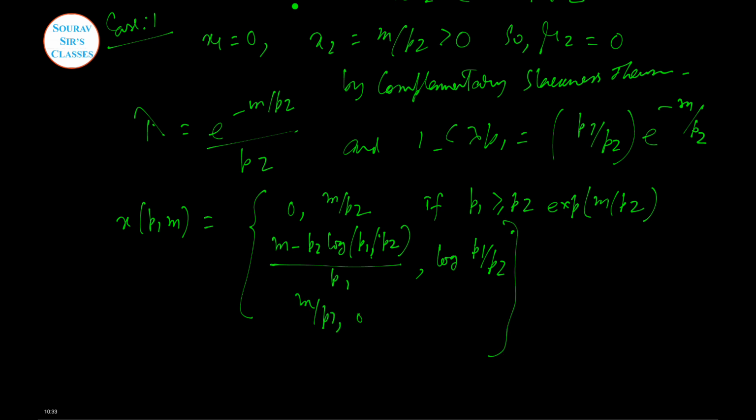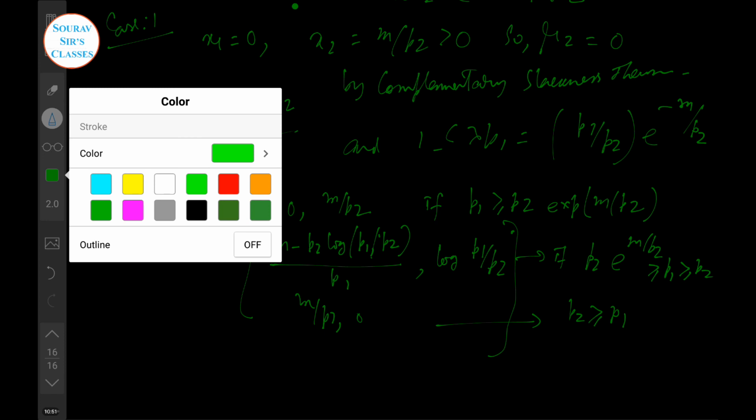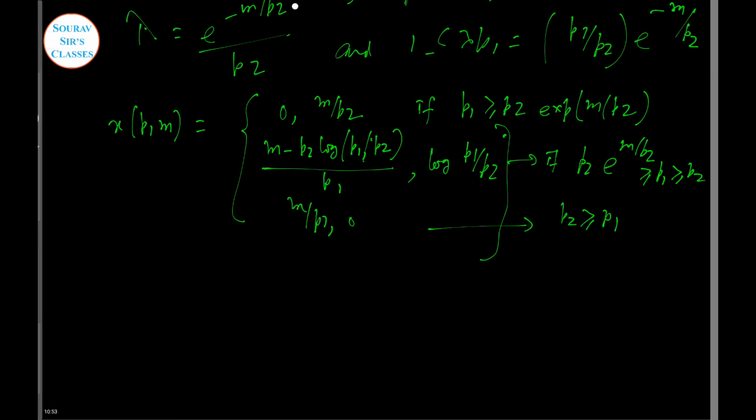So these are the things. This last case will happen if P2 is simply greater than or equal to P1. That's it. And remember that I've also asked you how to find the indirect utility function in this case.